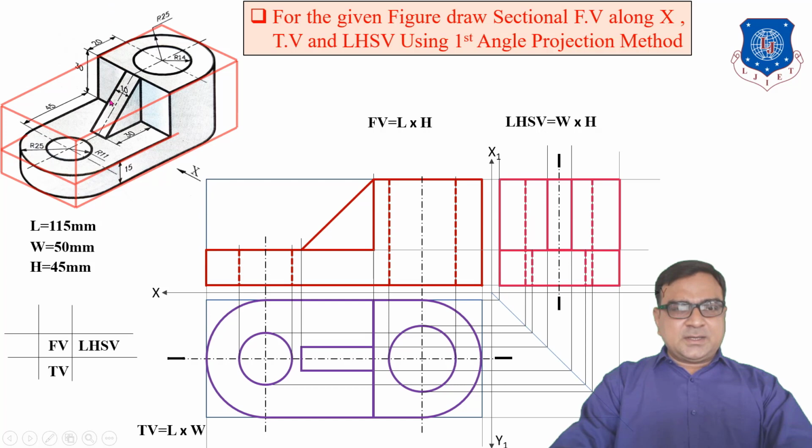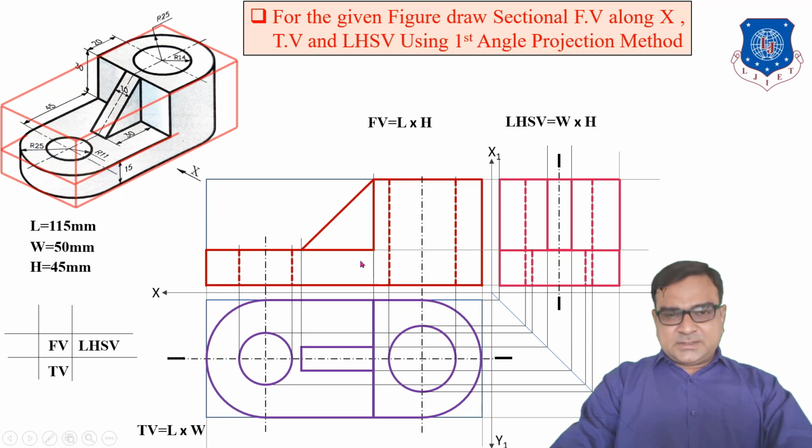So if you cut the object with the cutting plane and remove this half portion and observe the remaining half, then the holes are visible, these two holes are visible in the half portion.